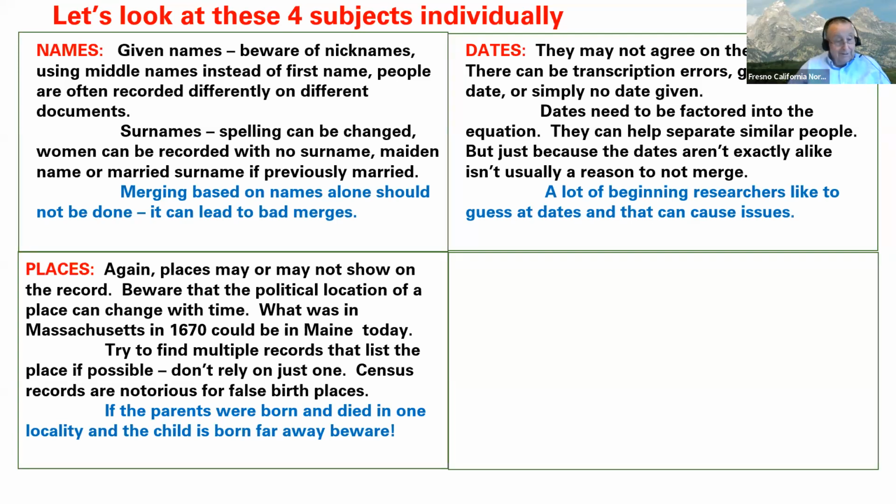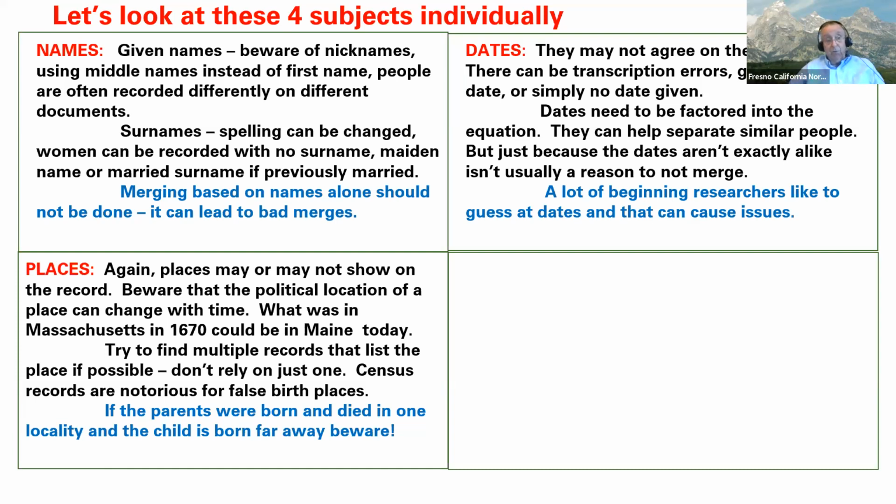And so, depending on who wrote down the information, you may see Maine, you may see Massachusetts. You try to find multiple records for a person too to help you pin down where they really were from, because sometimes one record's wrong and the other record's right. So you need to be a little careful.